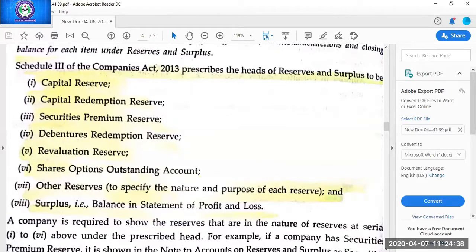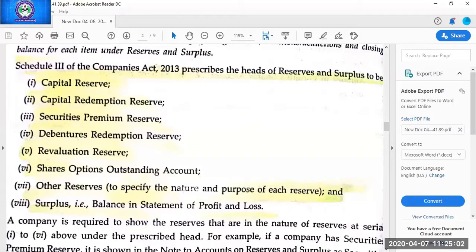Suppose in the question it is given: securities premium reserve. How will you solve it? In this chapter, there is no need to go into detailed theory. You have to just memorize the head and subhead. For the item securities premium reserve, you have to write the head and subhead.